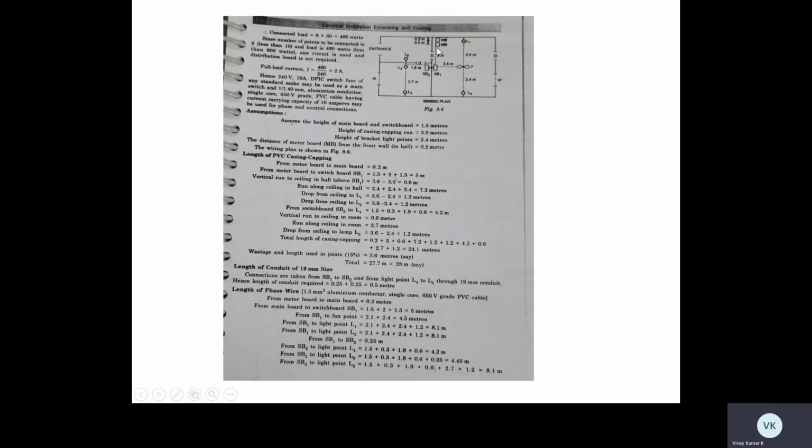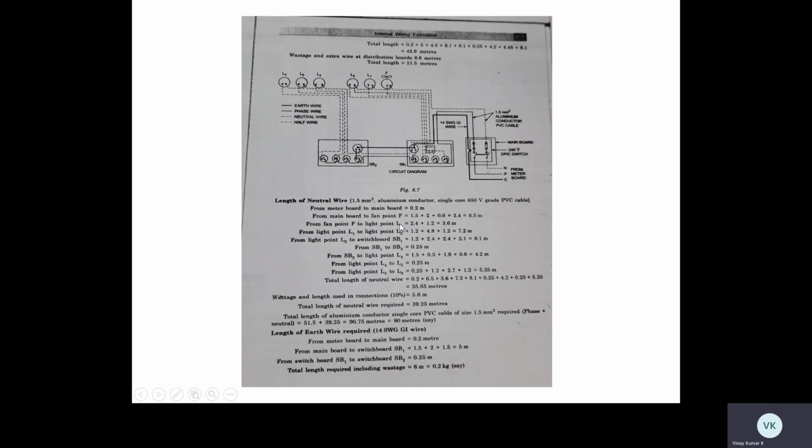See here 1.2, 2.4, 0.8, 1.5, 2.6, 2.4, 6.5. Like that, you have to calculate from each fan to lamp, lamp to fan, fan to lamp, lamp to switchboard.